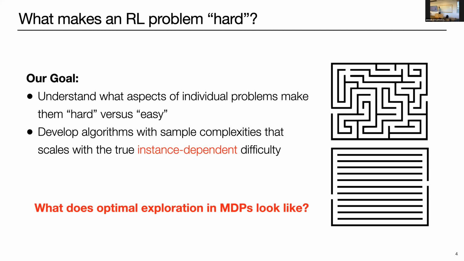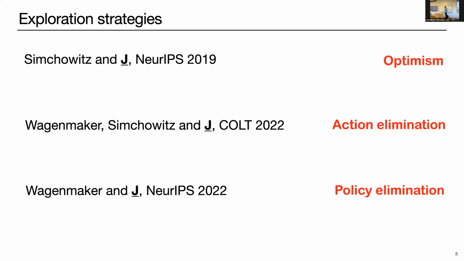One bigger theme throughout this talk is going to be, what does optimal exploration even look like? How should we be exploring MDPs in order to learn the reward function and the transitions effectively and as fast as possible? And so we're going to talk about basically three works that have developed over the last few years towards this end. And I'm going to be focusing on three different kinds of exploration.